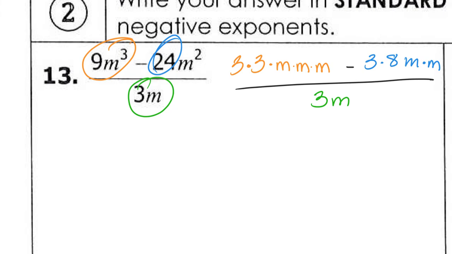So what I'm looking for, and I've done these in colors, is something that can be canceled out that is yellow, blue, and green.